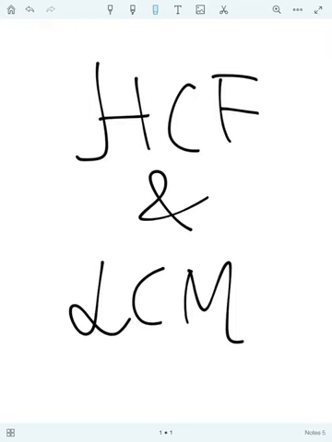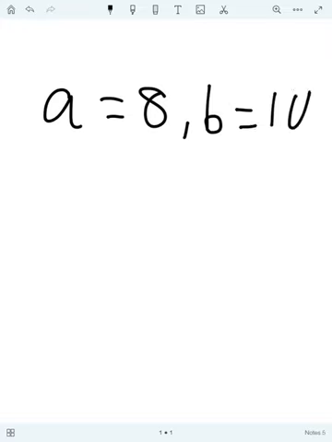Okay, so the topic is HCF and LCM, highest common factor and least common multiple. Suppose we take two numbers. Suppose A is equal to 8 and B is equal to 10.